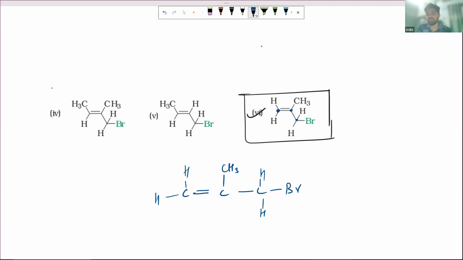Got it? What is the name of this compound? Numbering should be done from this side or this side? I think it's the same, right? The double bond will be given first preference.